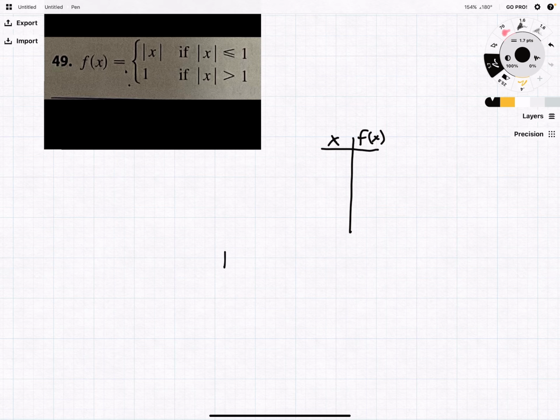What's something we know about absolute values? I'll put a little asterisk here for what we know about absolute value of x: it cannot be a negative number.